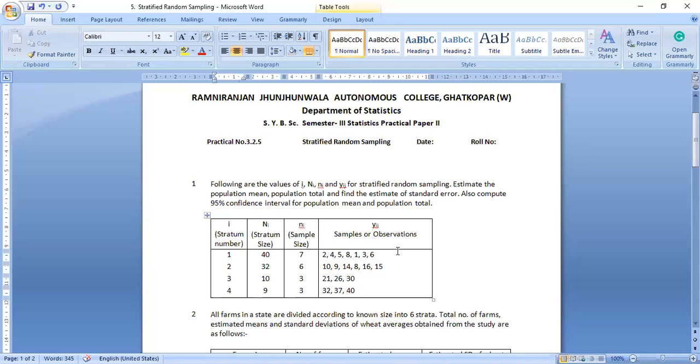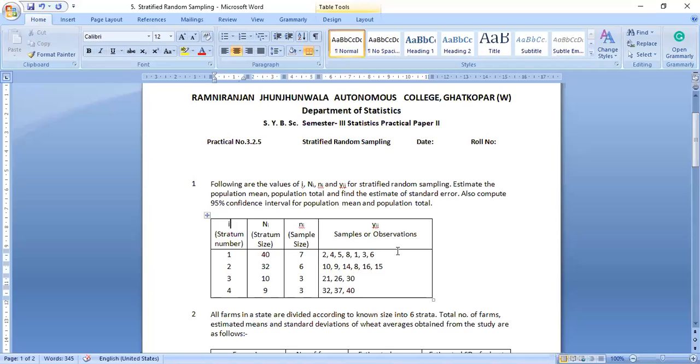But generally, the formula which we are using for the confidence interval is: mean plus minus your standard value, which may be z or t, into standard error. This is the general definition.